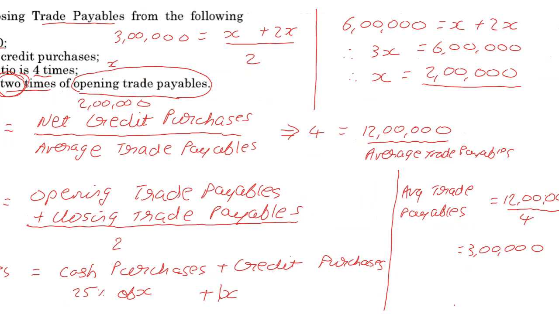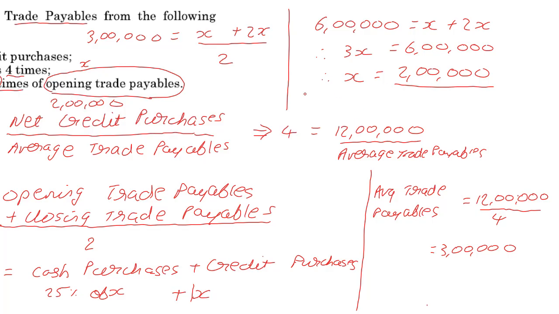You'll just conclude by saying that opening trade payables is rupee 2 lakhs, and closing trade payables is rupee 4 lakhs.